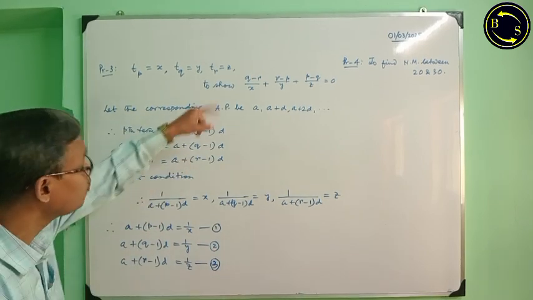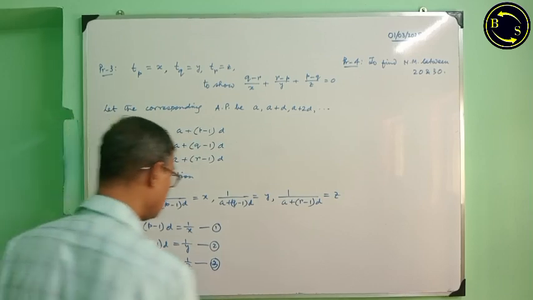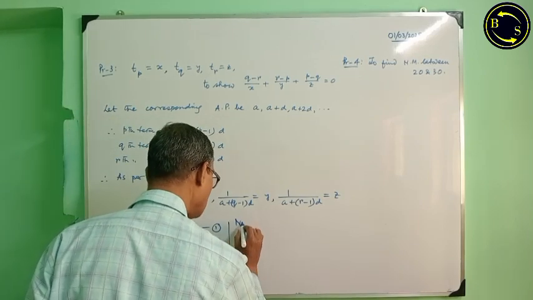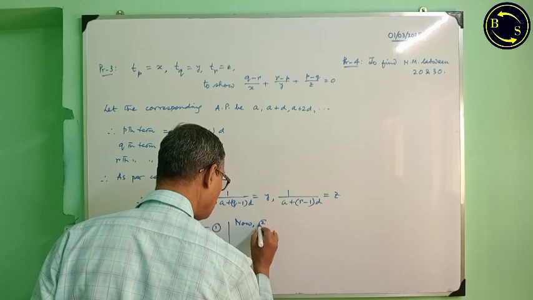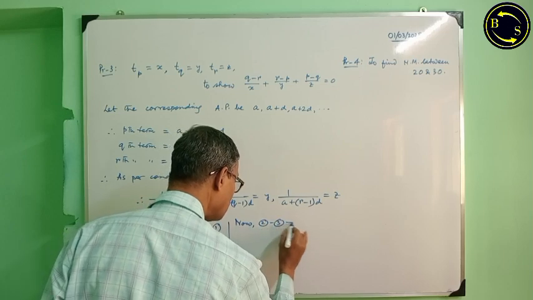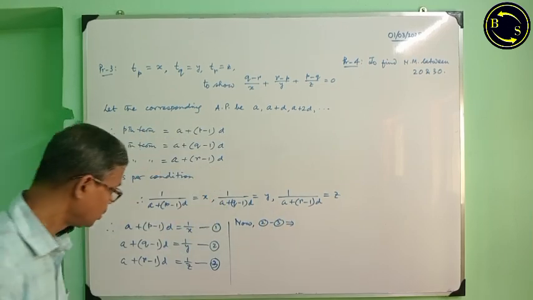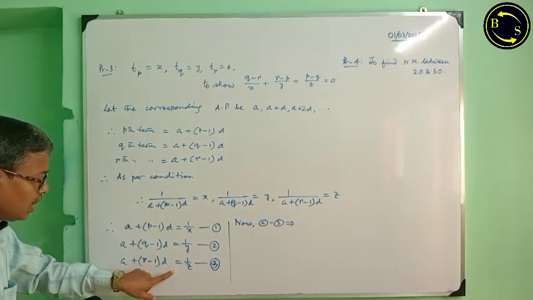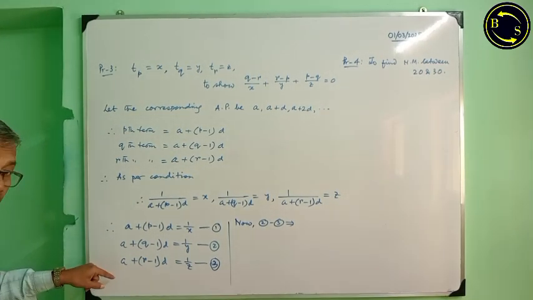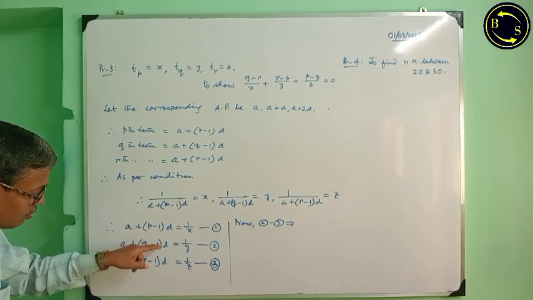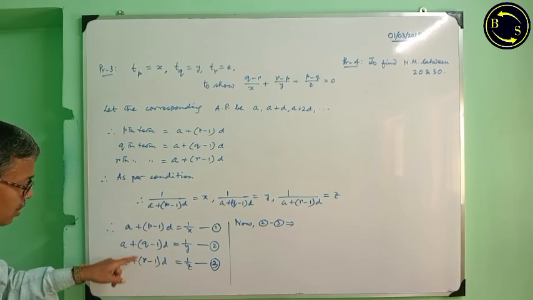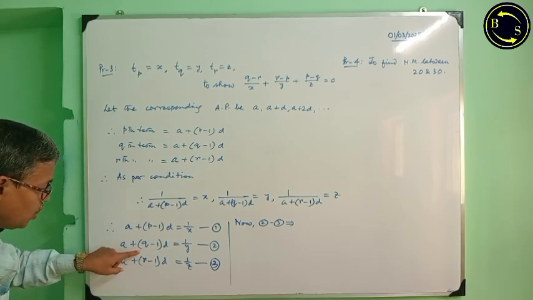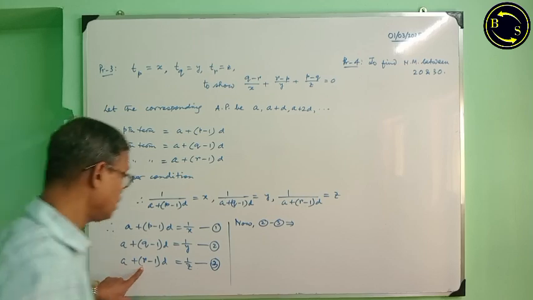To get first q minus r, now 2 minus 3, that means I am subtracting 3 from 2, a's will be cancelled, only there will be qd minus rd.